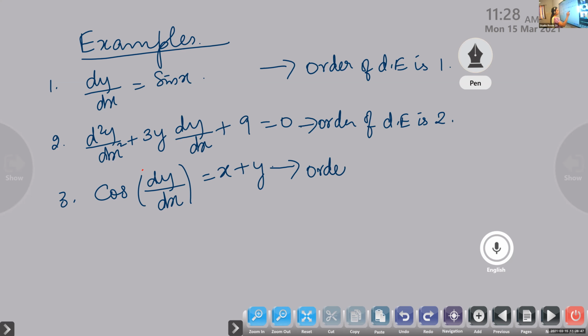What is the maximum number of times we are differentiating there? One time. So the order of the differential equation is 1. Is it clear what is meant by order? Is it okay, children?